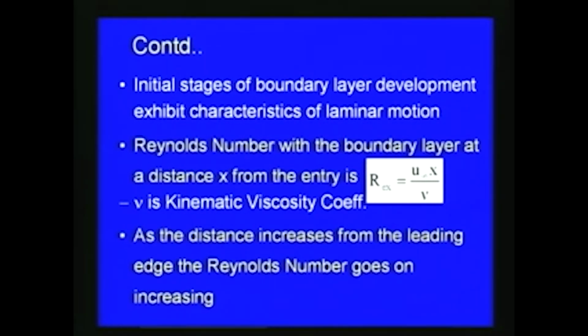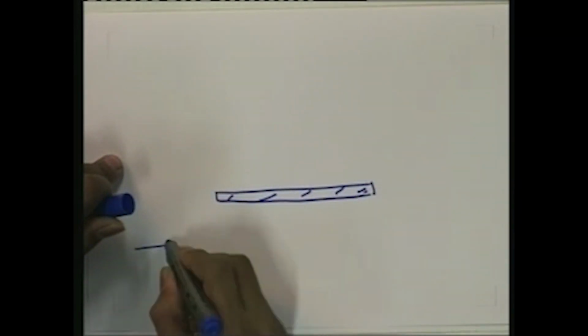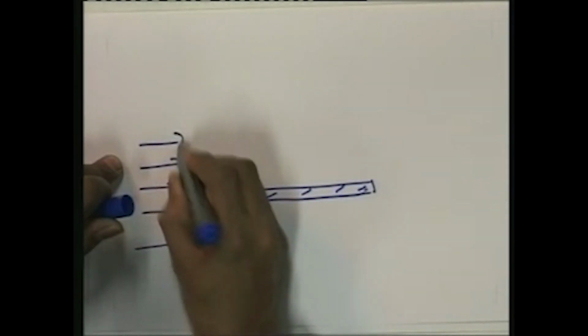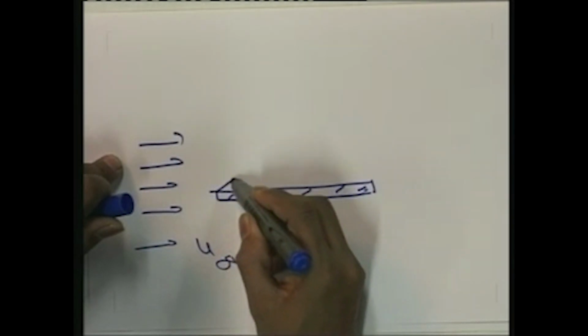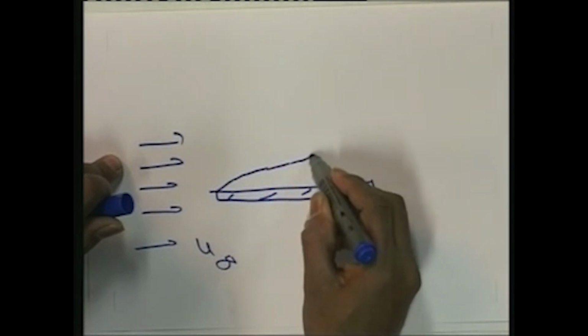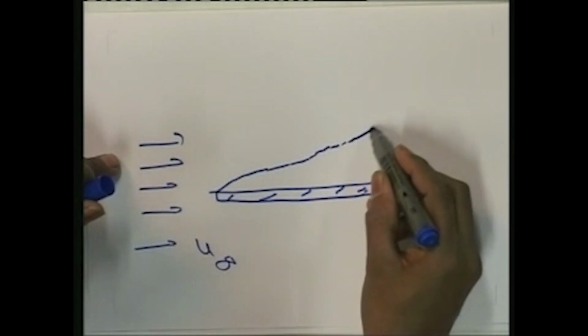With respect to the Reynolds number, the boundary layer keeps on growing. If you plot the boundary layer at different locations, as we have already seen in the earlier figure, here is the flat plate which we introduced, and this is the free stream velocity u infinity. When it hits, a boundary layer is generated, and after some time it becomes a transition stage, and finally it becomes turbulent.